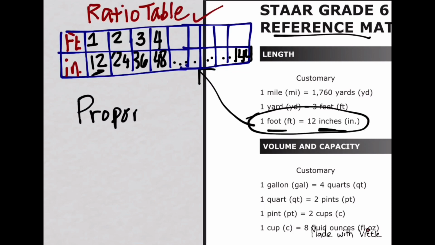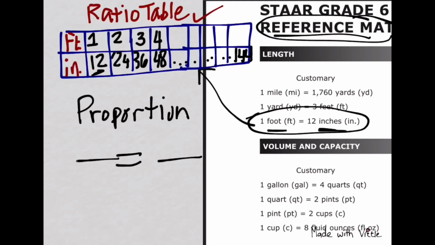A proportion is comparing two ratios or two fractions. Okay? So you're going to have to look at your reference material guide and find out which one will be your first ratio. It depends on the problem whether they're talking about feet and inches or yards and feet or miles and yards, or maybe something from volume and capacity like gallons, quarts, pints, cups, and ounces. Okay, so let's have an example next.